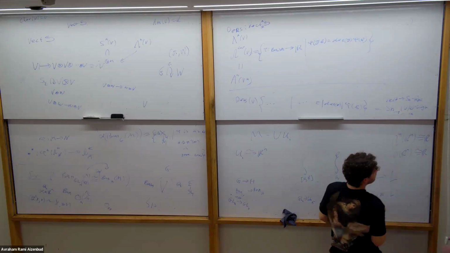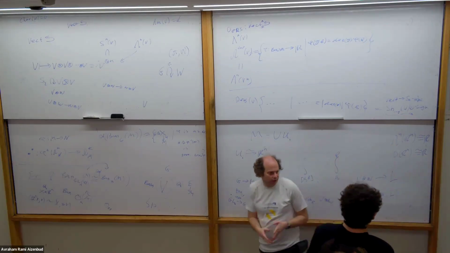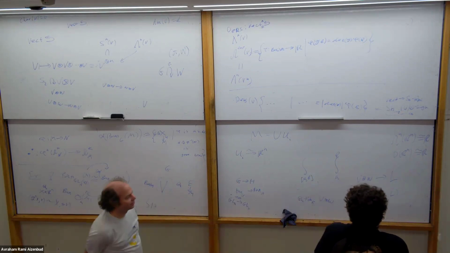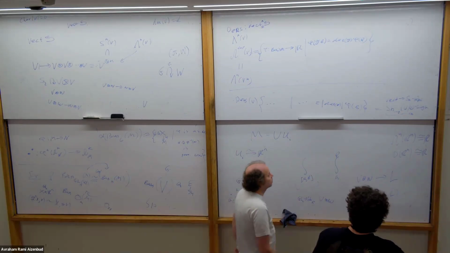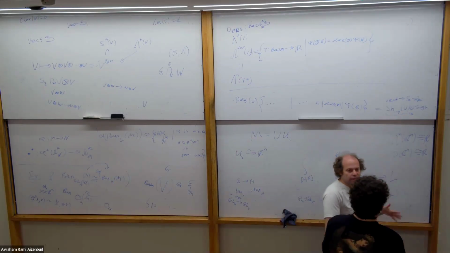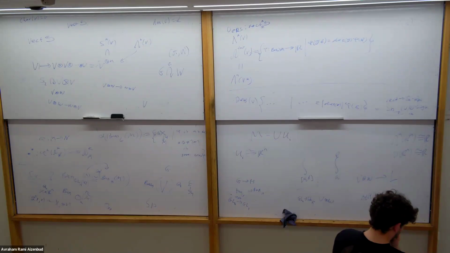You see, the bundle of densities is only in the real context. But you can consider the composition of lambda n and then take the absolute value. So we have the functor of absolute value from one-dimensional real vector spaces to one-dimensional real vector spaces.